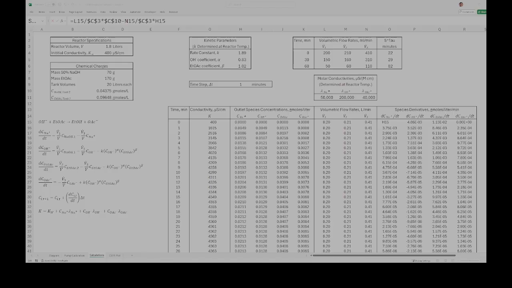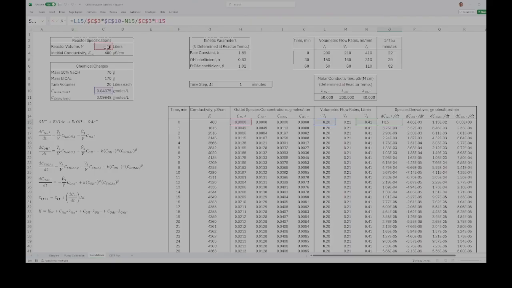Hydroxide, ethyl acetate, and sodium acetate ions are done similarly, except they have the reaction terms. So if I look at my derivative of sodium hydroxide, in this case the sodium ion, we'll find that coming in, I'm going to have my V dot 1.